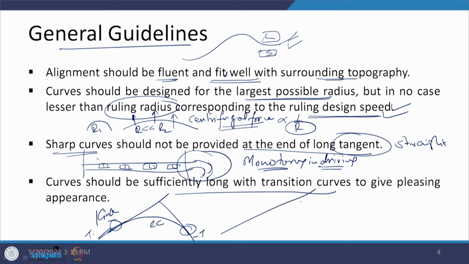But say if we are talking about another case where the circular curve is there, but it is being connected by way of a transition, then it is going to have a better or more pleasing appearance, because the radius of the curve is being achieved from infinite to a value R along this particular section. So, that is another aspect we need to take care of.